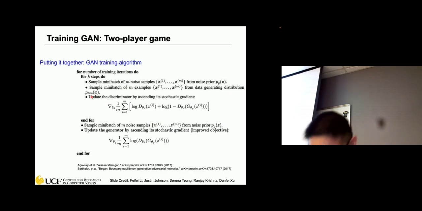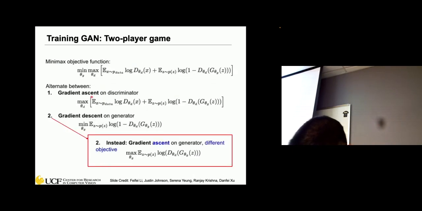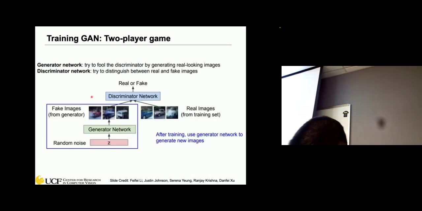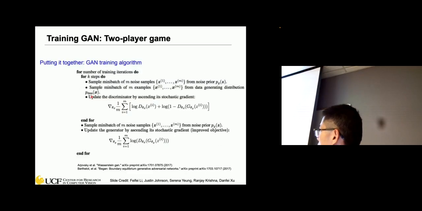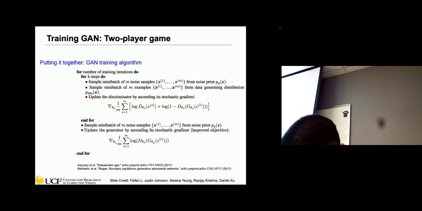In the last line of the for loop. Which one? This slide? No, the next slide. Before the last equation: update the generator by ascending its stochastic gradient of the objective. Shouldn't it be descending its stochastic gradient?